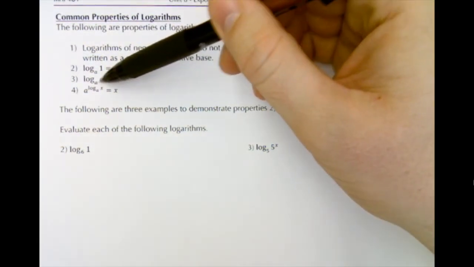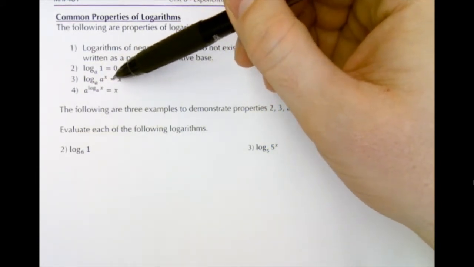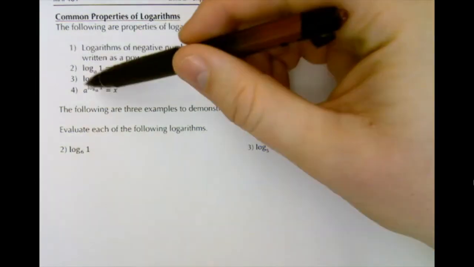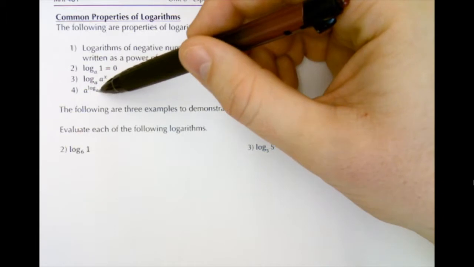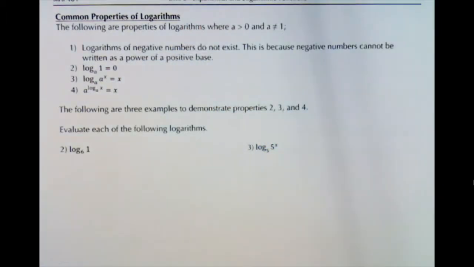If we have our bases in our exponent and our log the same, they work as opposite operations, and our answer is actually just x. And I'm going to show you why with an example. And finally, if we have an exponential with an exponent of a logarithm, and again the bases are the same, we end up with just x, or just the input to our logarithm as the answer.